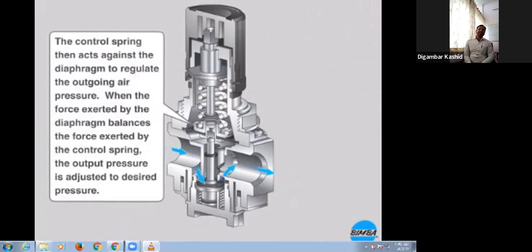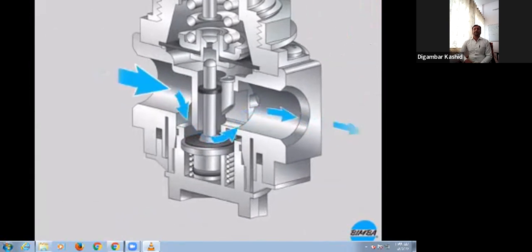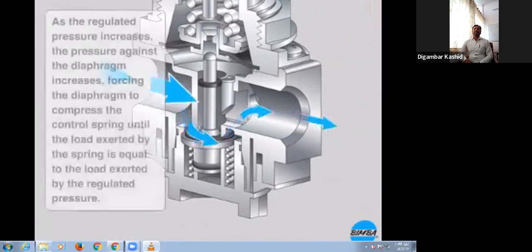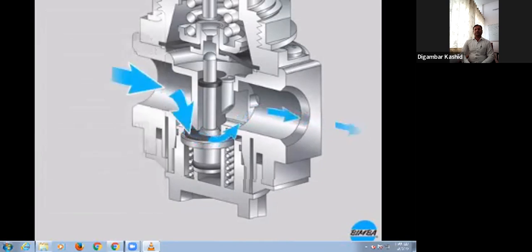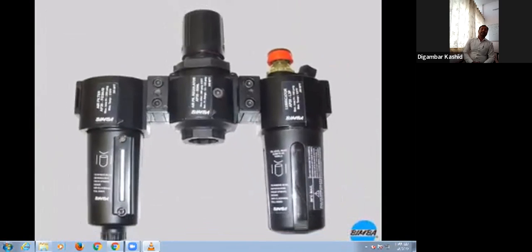If it is okay, then air will flow from that air pressure regulator. Getting it? And the third one is the air lubricator.